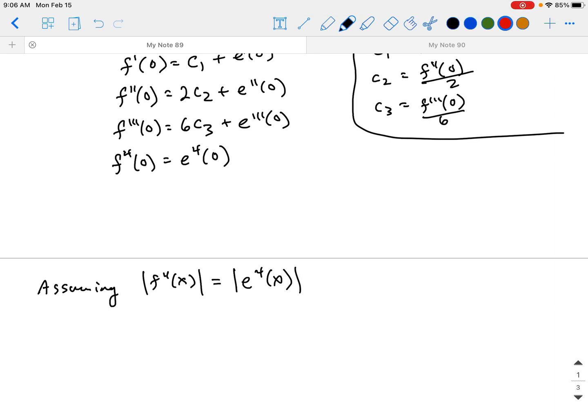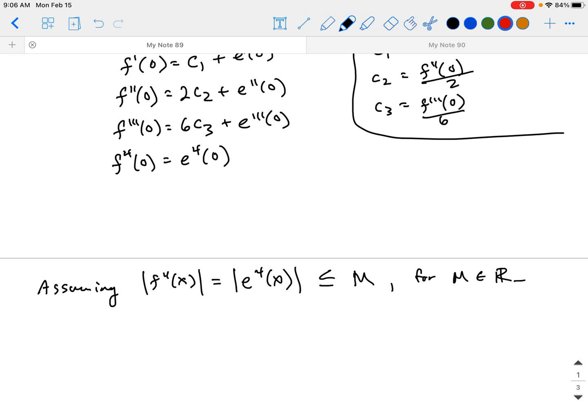Our cubic polynomial is going to become 0 at that fourth derivative, leaving us with just e to the x. So those two things have to be equal, and we'll suppose that we can bound them above by some value m.